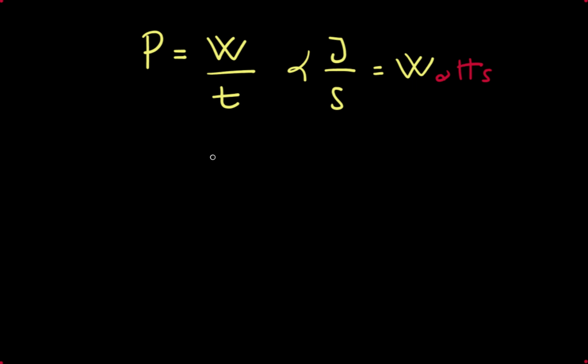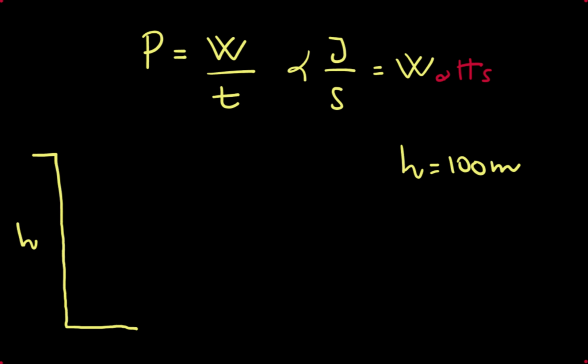Okay. So to demonstrate how we are going to make calculations, I would like to do an example here. Let's say you have a 30-story building. A 30-story building has a height of about 100 meters. And let's say you have some box down here of mass m, and let's say that the mass is 1,000 kilograms.